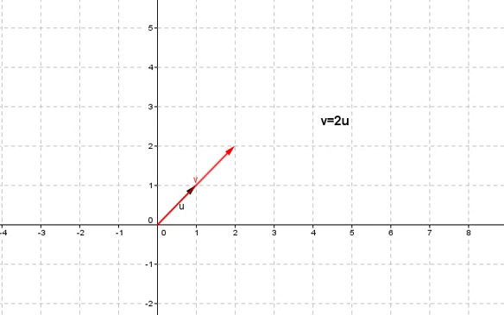Now we can do it for any number. We can multiply vector u, let's say, by 1.5. Now the result is 1.5 times longer than the length of vector u, and again the vector is pointing in the same direction.